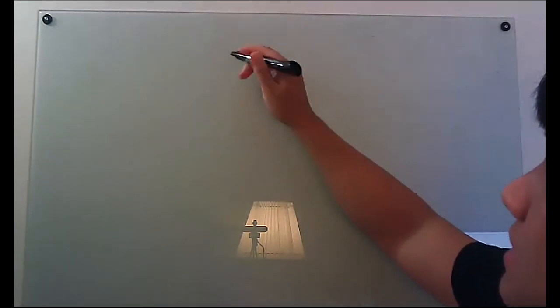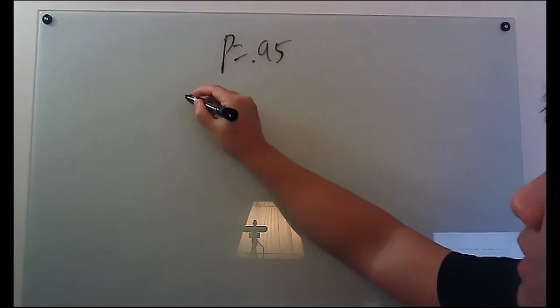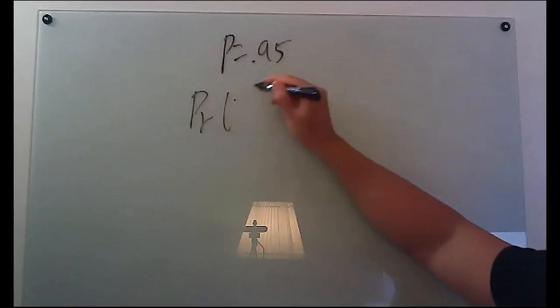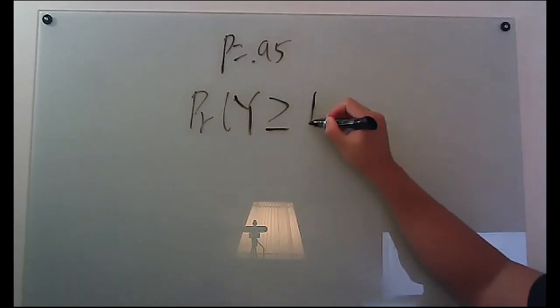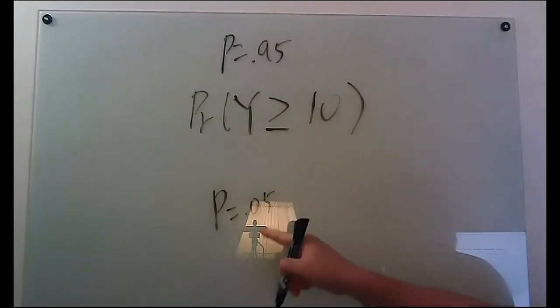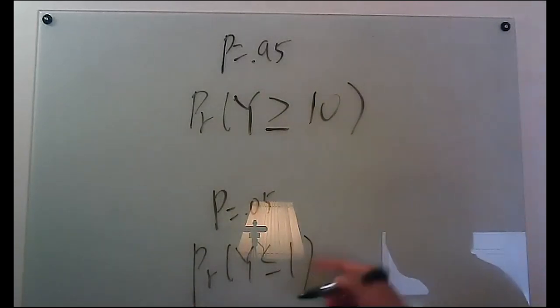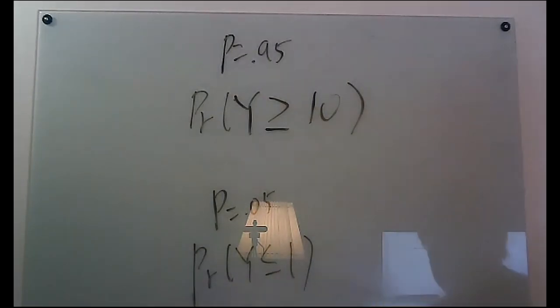If I say p equals 0.95, where this is the probability of working well, then the answer would be the probability of Y, the number of headsets working well, greater than or equal to 10. But if you are saying p equals 0.05, the probability of not working well, then it should be the probability of Y less than or equal to 1. Both give you exactly the same answer. Plug in all the numbers there. I pretty much gave you all the answers. The only thing left is to plug in the numbers.